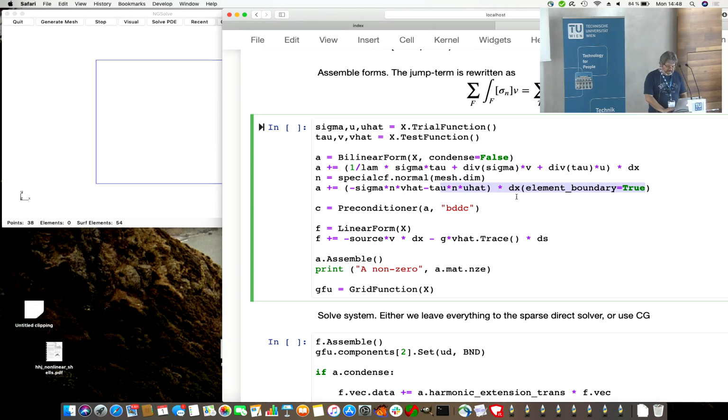It's still a loop over the volume elements, so it's dx, but on the element it does not integrate over the volume of the element, but over the boundary of the element. Sigma dot n is the same normal vector we defined before, but from the context it's now understood as being the normal vector on every element.